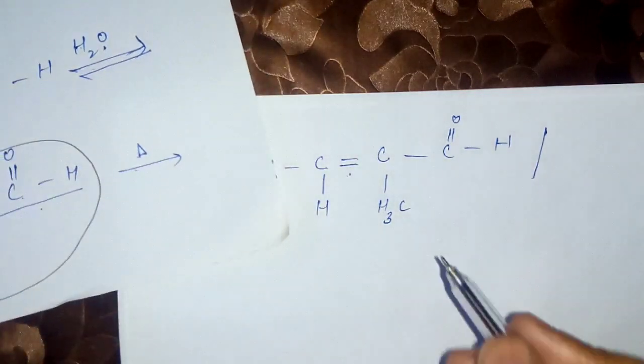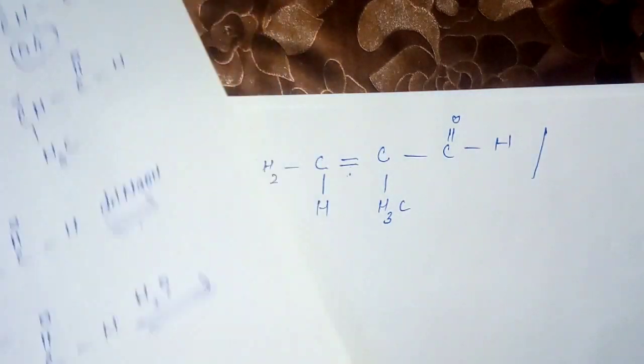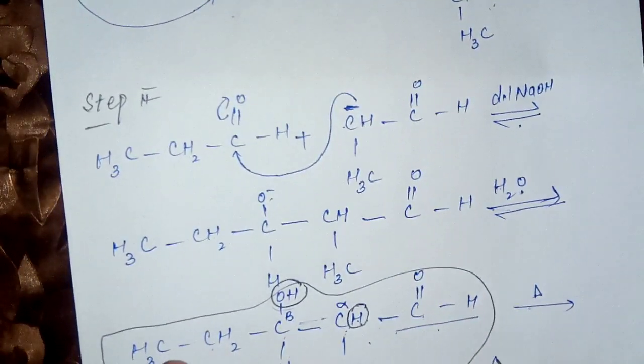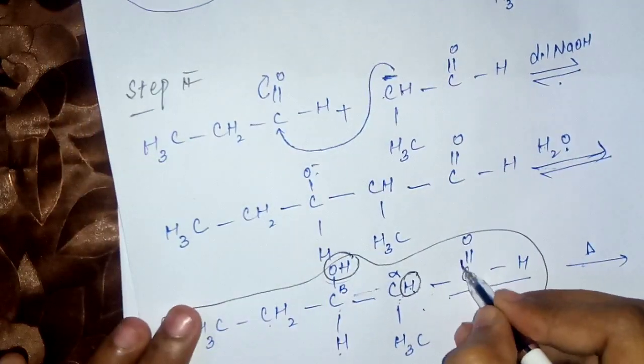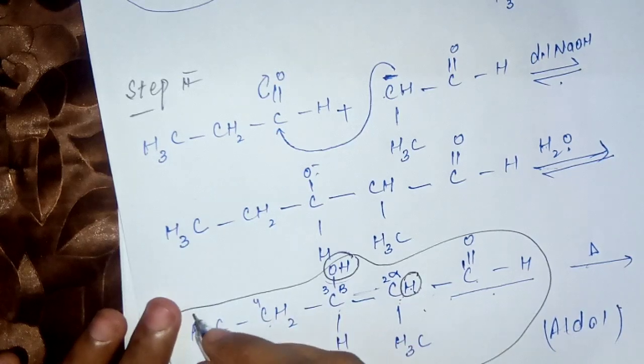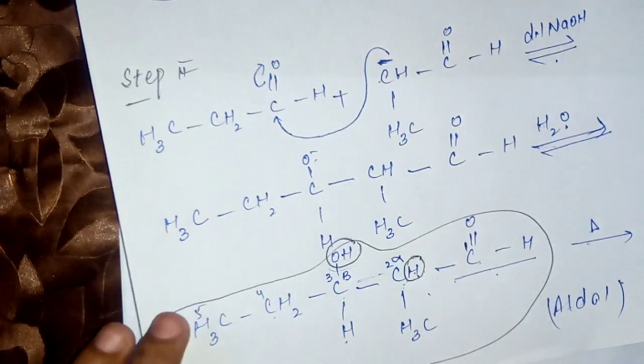We also write the name of this compound. Write the name. This is called the aldol. Also write the numbers 1, 2, 3, 4 and 5. What will be the name of this compound?